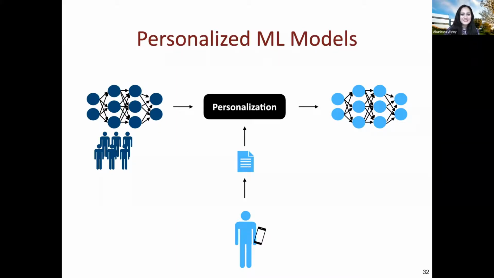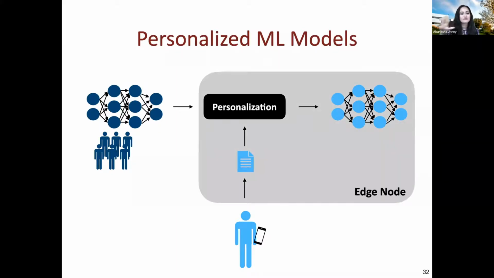The idea here is that you can do this whole process of personalization on the device itself, on some edge node. And if you do that, the data is kept local and the model is only shared on the centralized server. So the data stays on the user's device and only the model is shared. Now this has perks like the content is tailored for individual users. It's also privacy preserving training because now it's not prone to differential privacy based attacks.